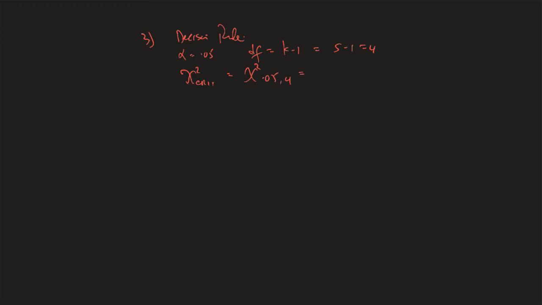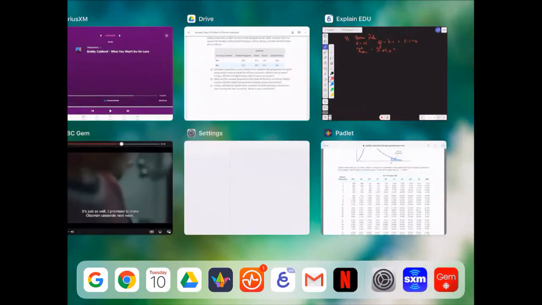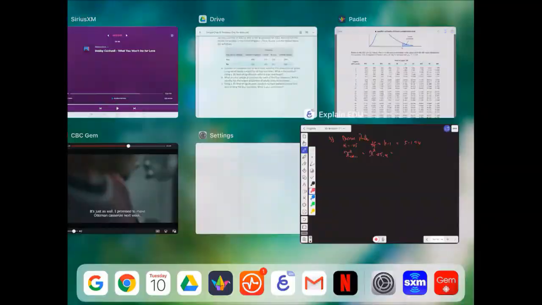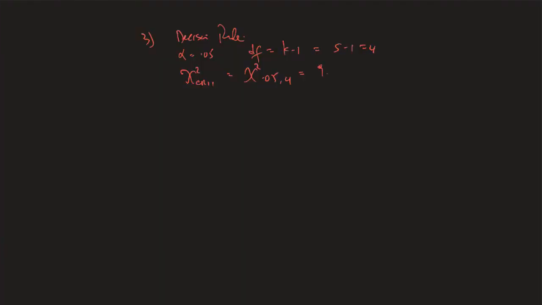Let's see what that is. Four degrees of freedom, 0.05, 9.488. So if chi-squared observed is greater than or equal to 9.488, we will reject the null hypothesis. Otherwise, fail to reject the null hypothesis.